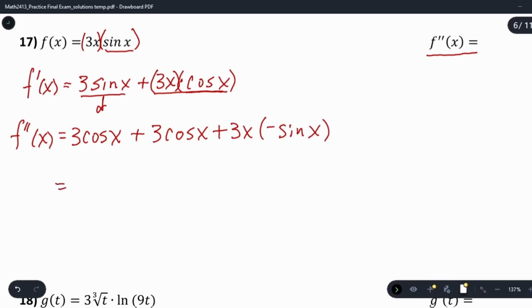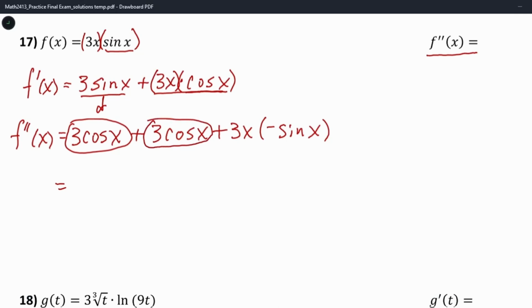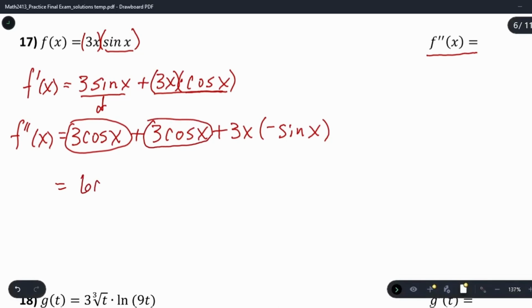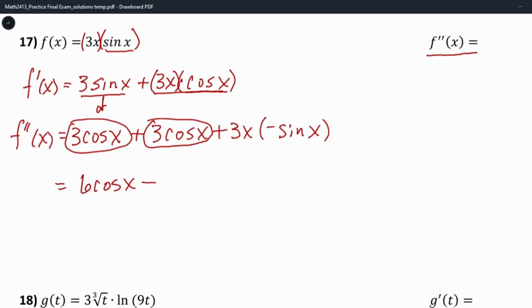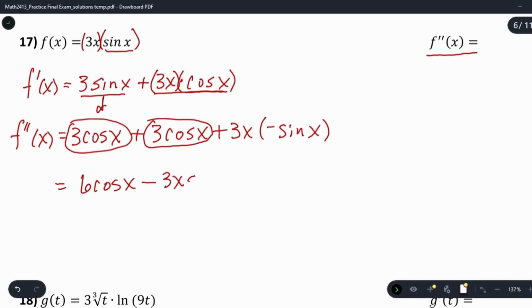And then if I simplify, notice that I do have like terms. So 3 cosine x plus 3 cosine x, that's going to give me 6 cosine x. And then this last term is going to be minus, we have a negative times a positive, giving us minus 3x sine x. And that is the final answer in simplest form.